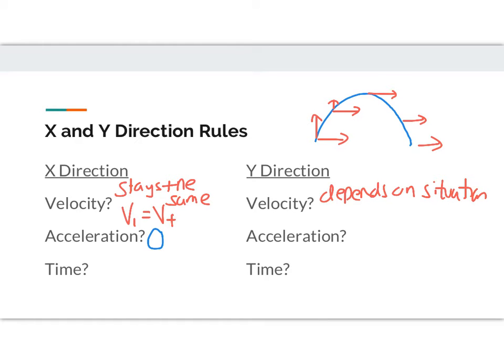We do not have any acceleration or gravity in the x direction, it's only in the y. For acceleration in the y direction, it's always negative 9.8 meters per second squared. The time, in both directions, is the same. If I find my time in the x, it's the exact same in the y.